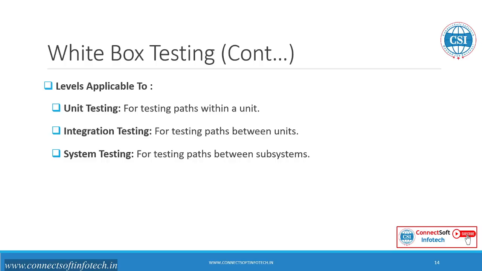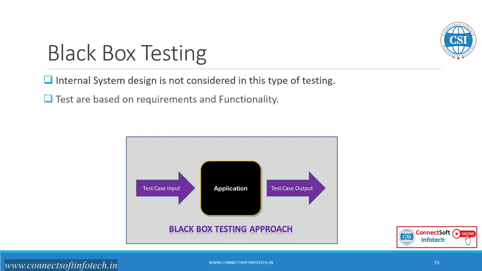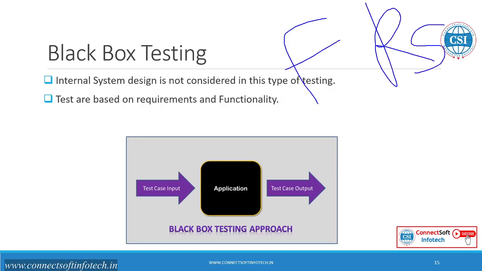So black box testing. We are not focused on the internal system design, we only focus on the requirement and functionality. So how do you know the requirement and functionality? Because we have the FRS document, FRS or FRD: functional requirement document or functional requirement specification.